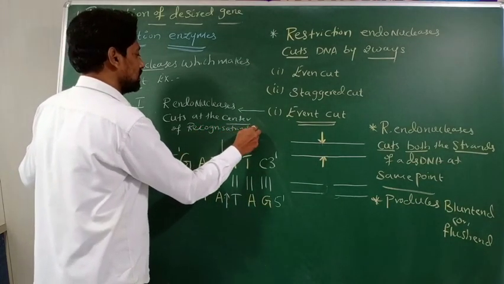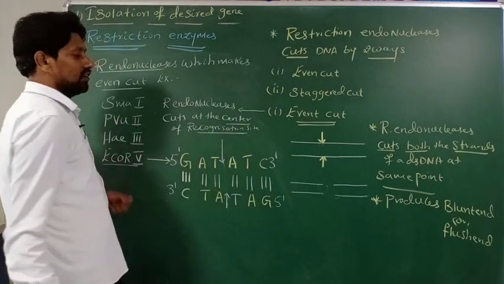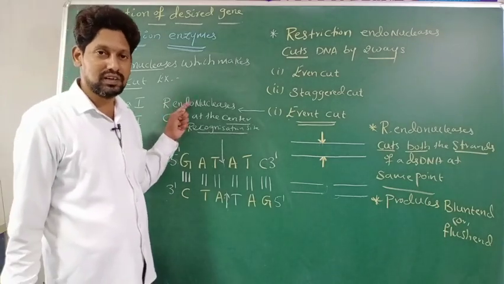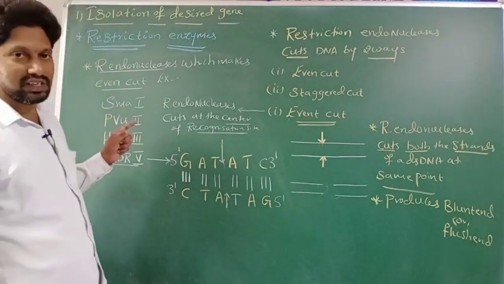Center of which site? The recognition site. Therefore, in the center of the recognition site, it is going to make a cut. Which type of cut? Even cut. Is this statement clear?